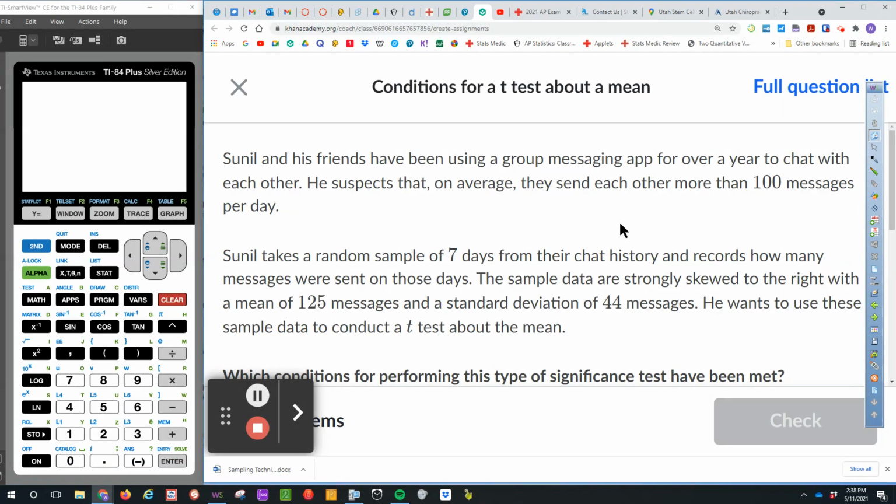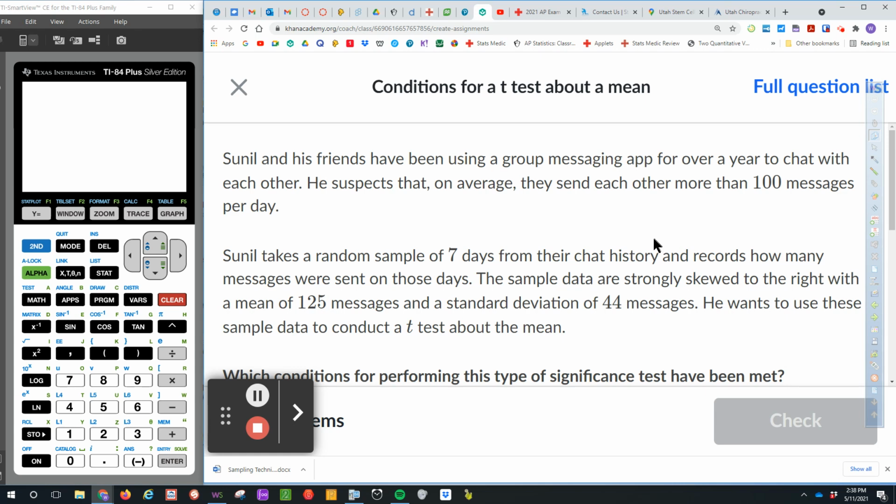So if you look at this, Sunil and his friends have been using a group messaging app for over a year to chat with each other. He suspects that on average they send each other more than 100 messages per day. That's a lot of messages.